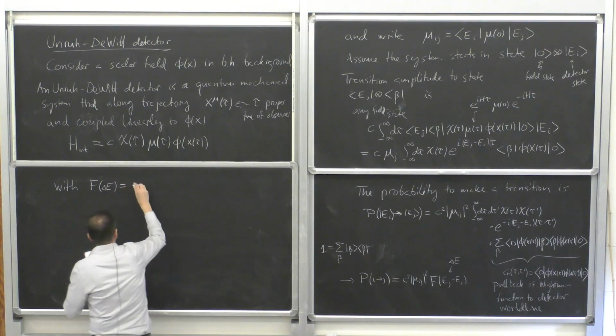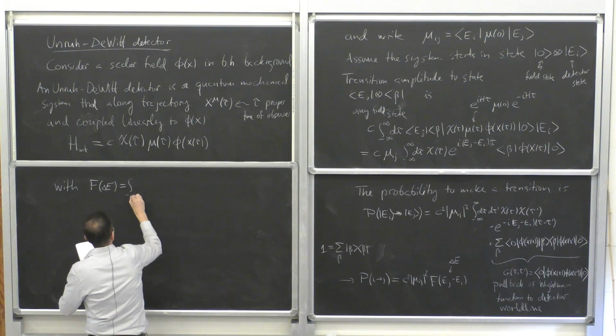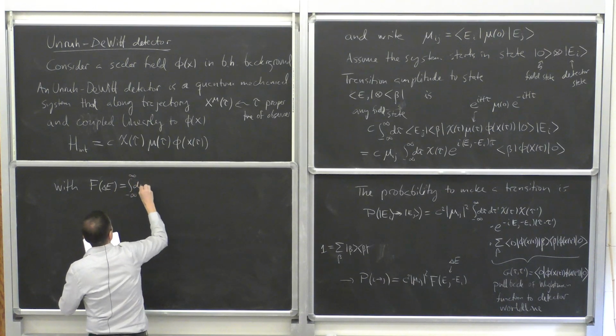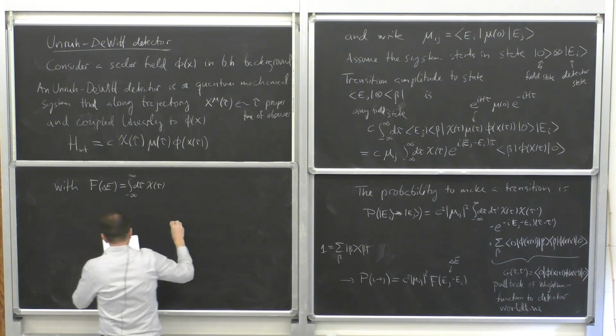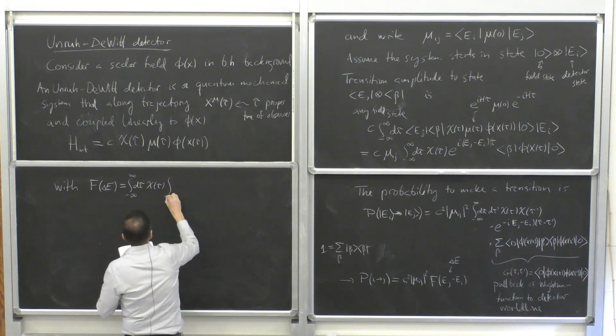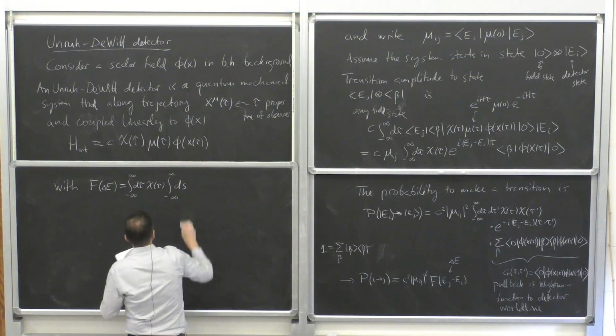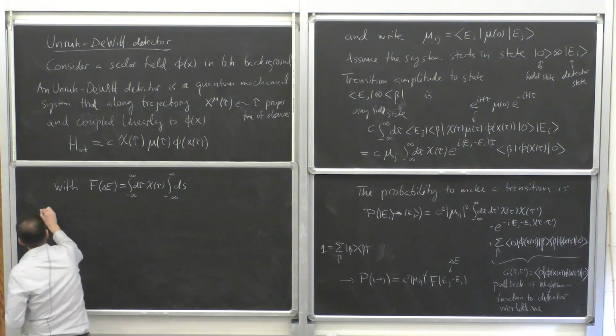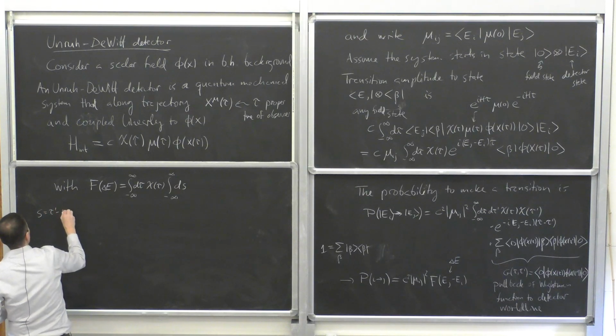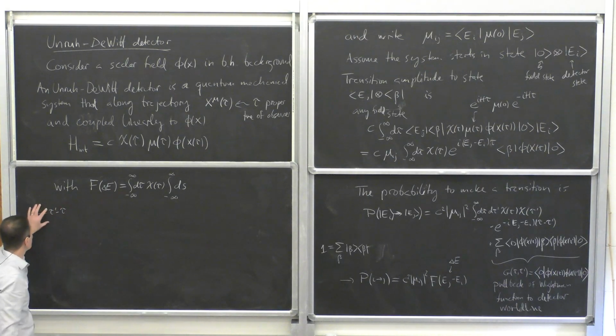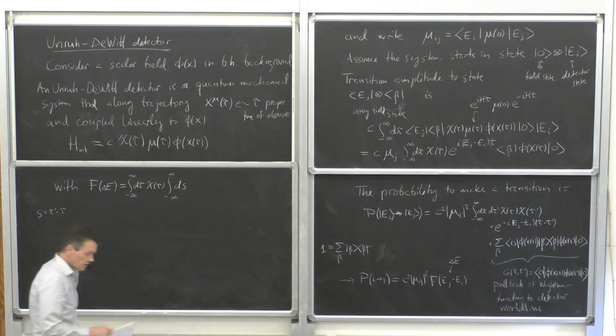is going to be the integral to infinity d tau chi of tau. I'll write s as tau prime minus tau, so I can change the variables in the tau prime integral to s.